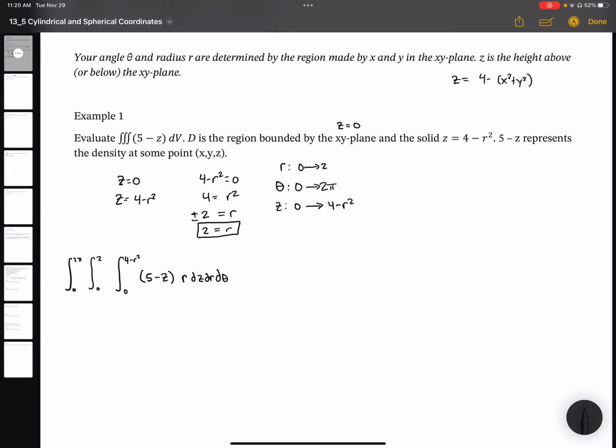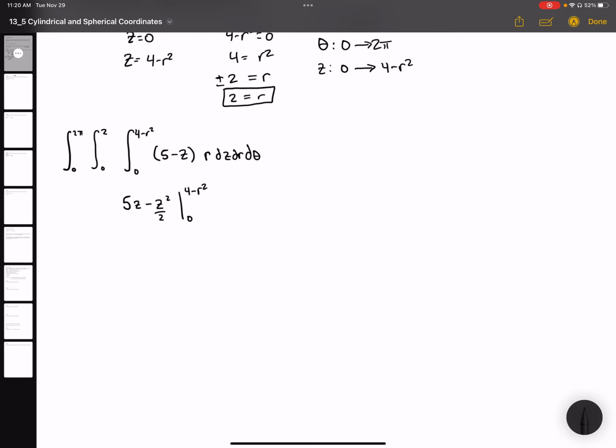So the inner integral is going to give us 5z minus z squared over 2, evaluated from 0 to 4 minus r squared. This is just going to be algebra intensive, not difficult.